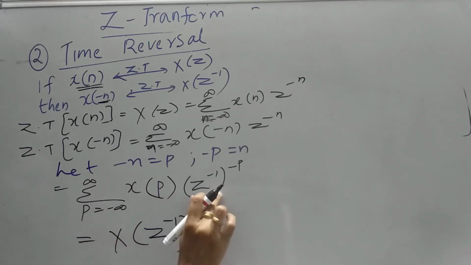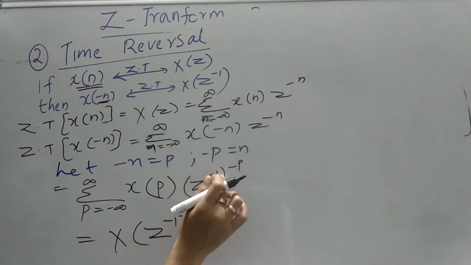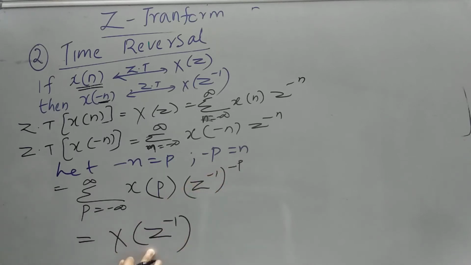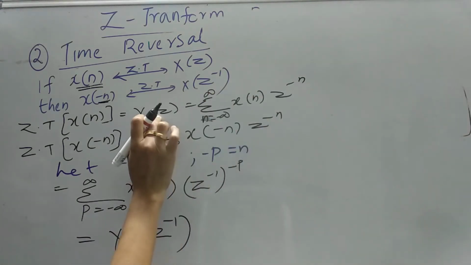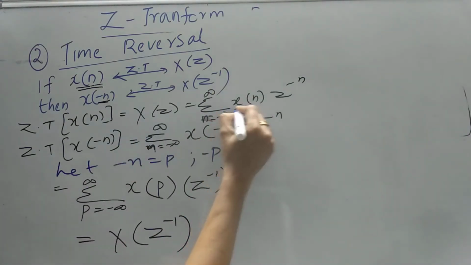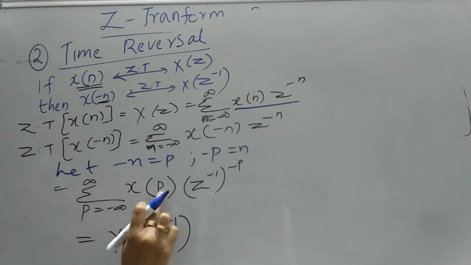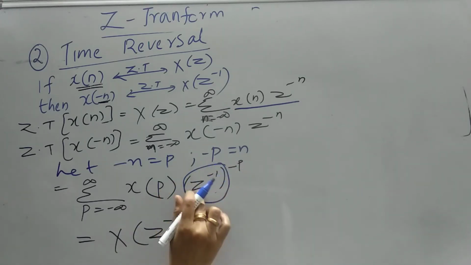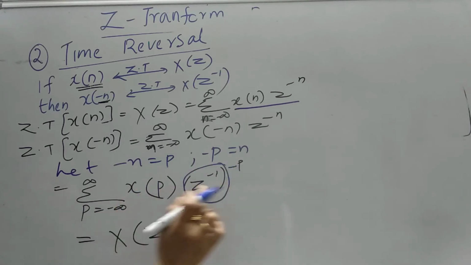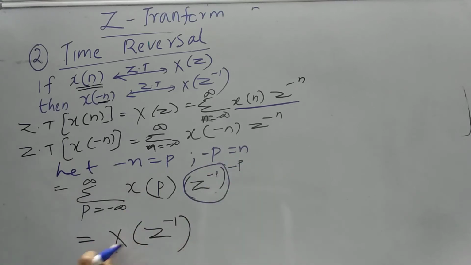Whatever comes here as z, you write it as the z transform variable. In the standard form x of n z raised to minus n gives X of z; here we have x of p z raised to minus p, so we write X of z raised to minus 1.